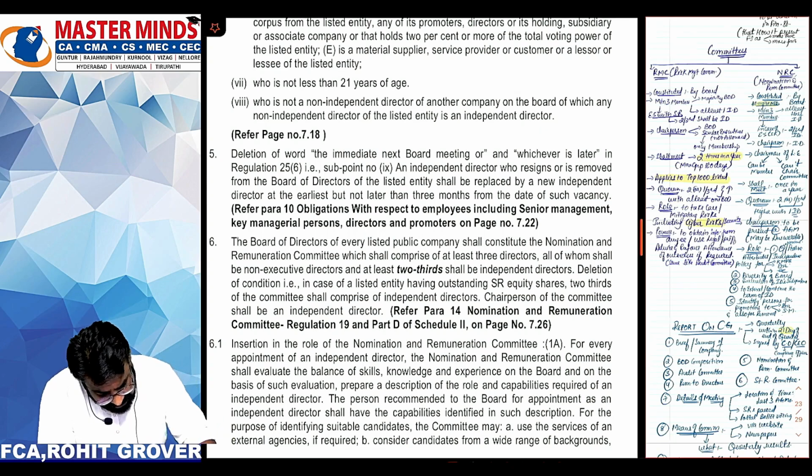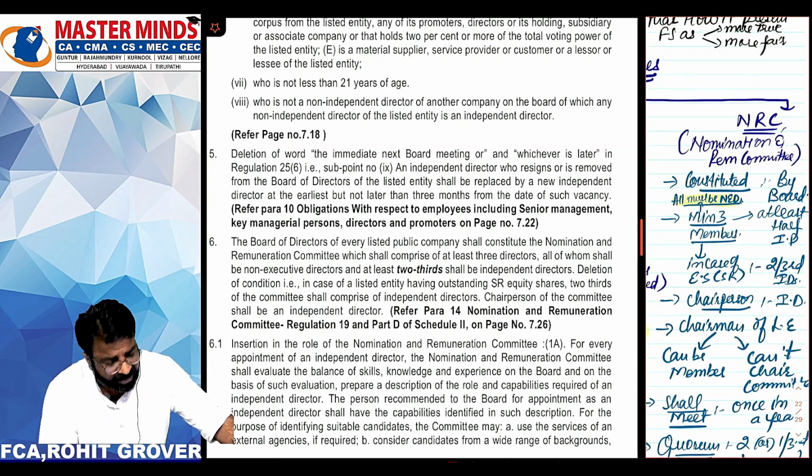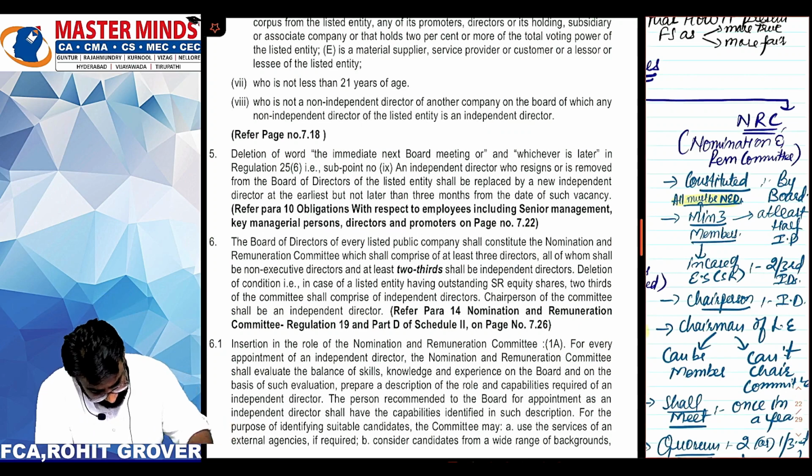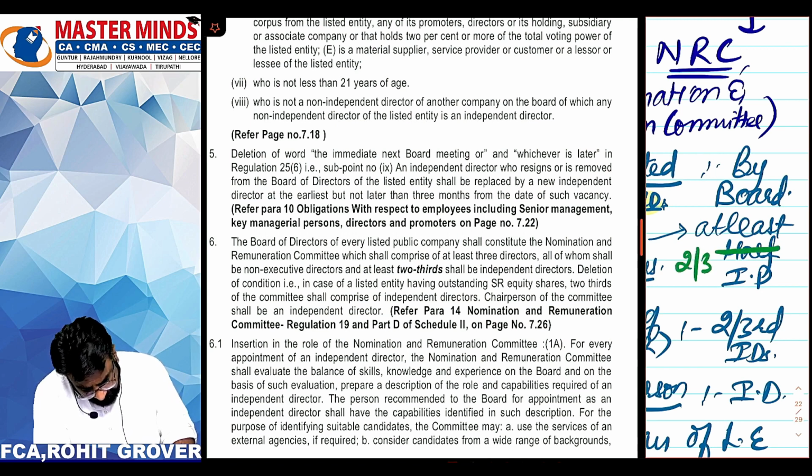So ours is also the same thing: minimum 3 directors, all must be non-executive directors. But what we have written is that half of them should be independent. That has been changed to 2/3 now. So half of independent directors has been changed to 2/3. So delete at least half and write here at least 2/3.